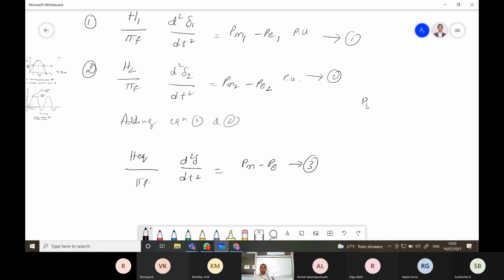Because Pm is equal to Pm1 plus Pm2, Pe is equal to Pe1 plus Pe2, and H equivalent can be written as H1 plus H2.